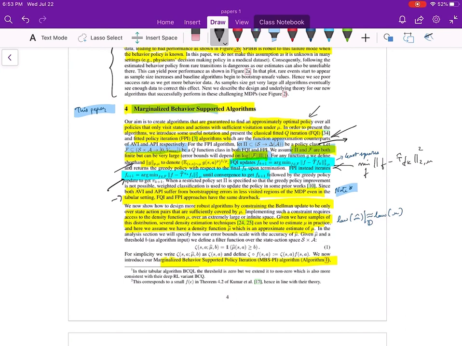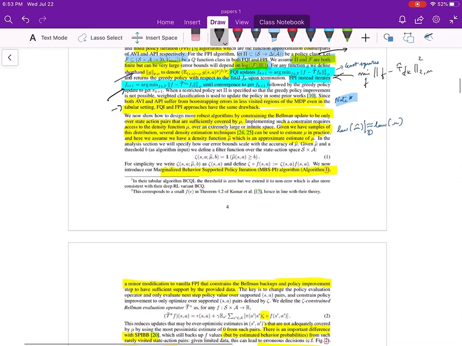Let's go ahead. Now they show how to design more robust algorithms by constraining the Bellman update to be only over state and action pairs that are sufficiently covered by mu. So, the usual thing.